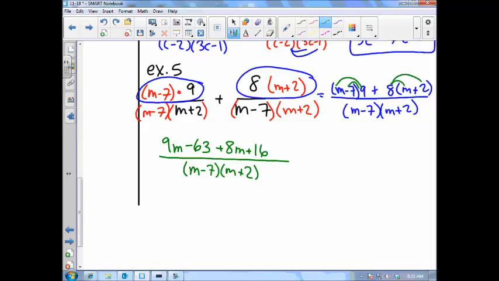Okay. What do we do now? Like terms on the numerator, right? Okay, so what would we get for the numerator when we combine like terms?